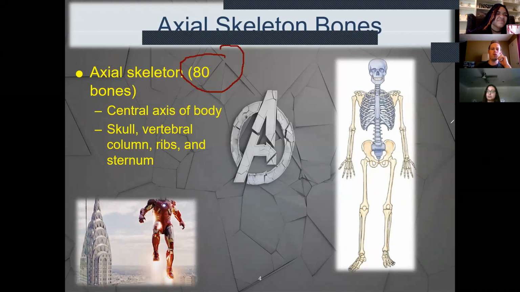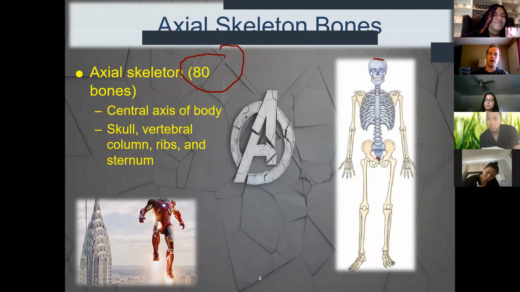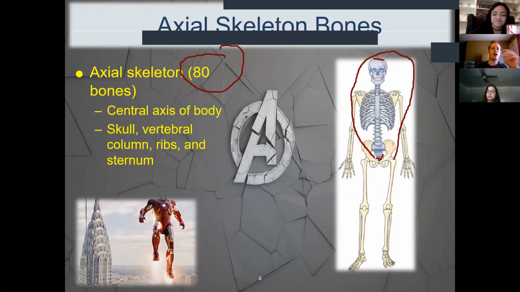That's referring to those bones along the central axis of the body, from the top of the skull all the way down to the bottom of the coccyx. That includes the skull, vertebral column, ribs, sternum, and other bones as well that aren't listed there.